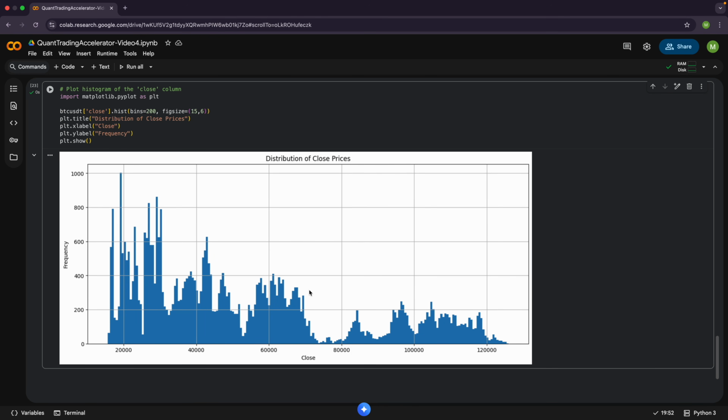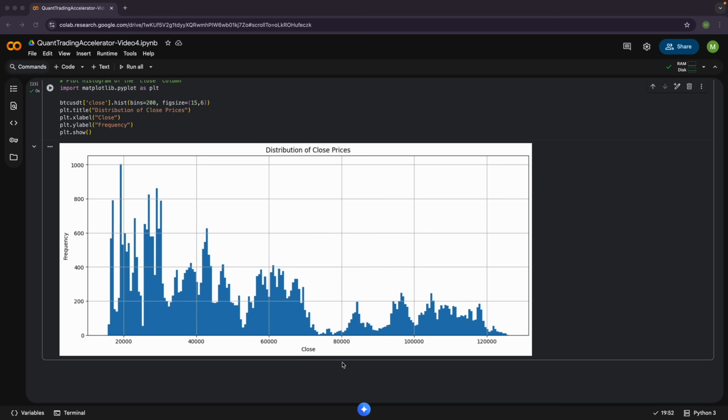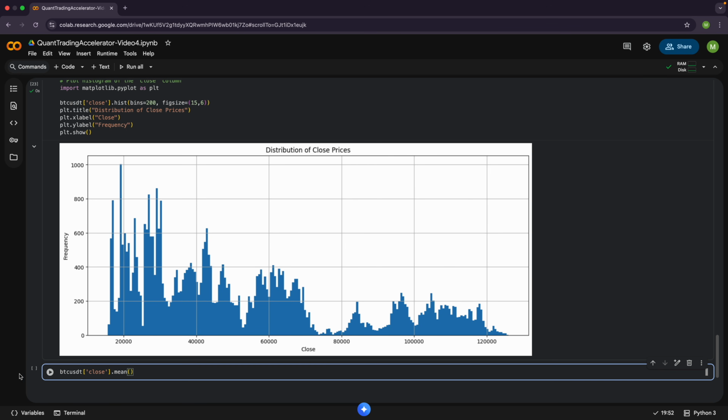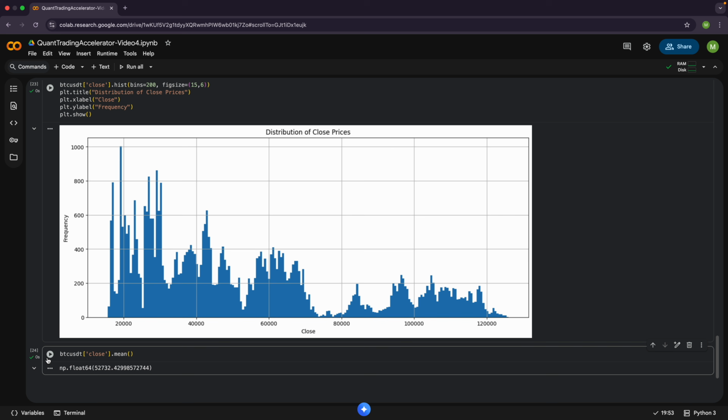For example, I want to look at the central tendency, so I want to look at the mean, essentially. Okay, so I'm just going to see what the central tendency is.